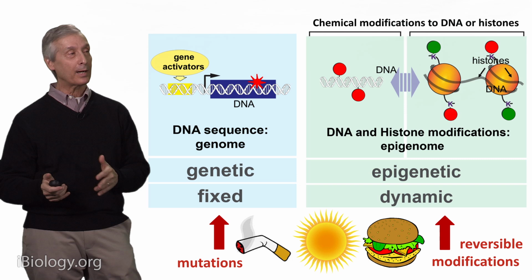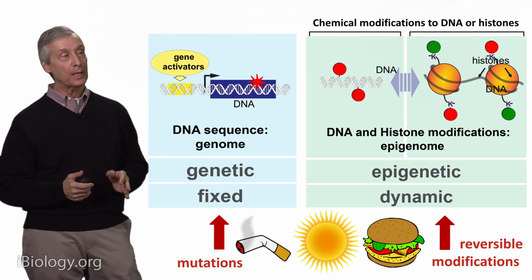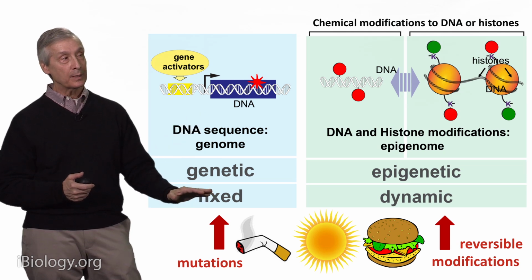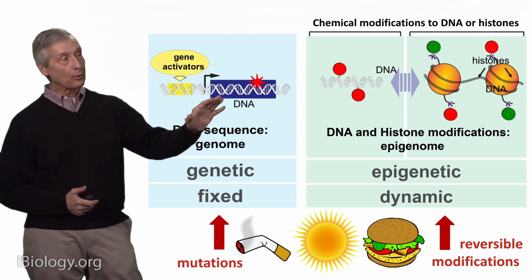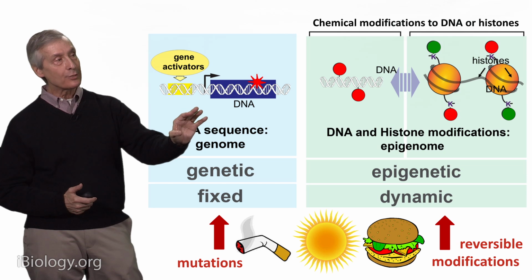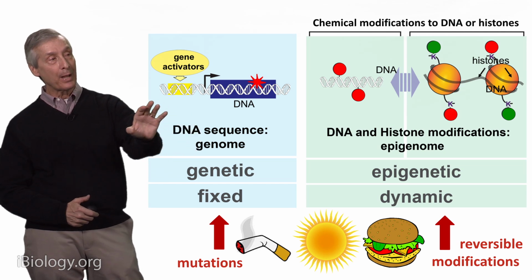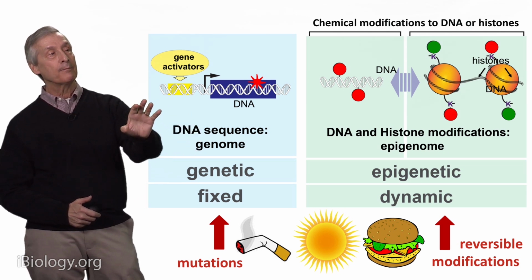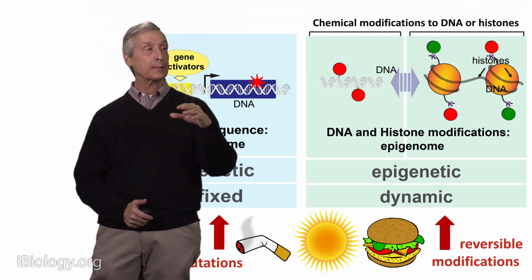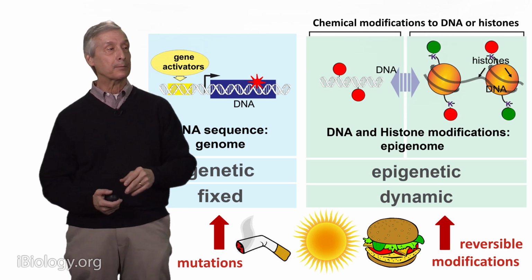This is my cartoon wrap-up. If you watched the first iBiology talk of mine, you saw this before. I think it's a nice summary, though, that there's real genetics on the left. To pick on my oncohistone, what I just talked about, those are real mutations, hence the red asterisk. Those are real mutations in the DNA, in this case even in a gene that encodes a histone, but they're impacting, on the right side of the slide, the epigenetic machinery, in this specific case the writer of an epigenetic methyl mark.